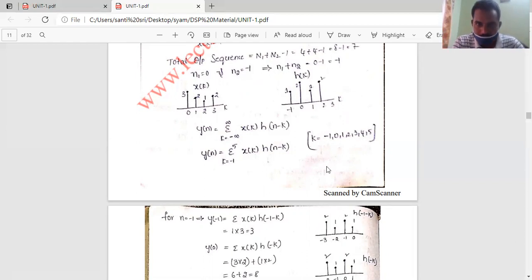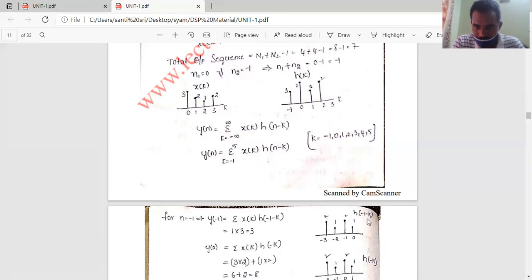So at minus 1 its value is 2. Similarly, minus 1 minus k equal to 1. If we take minus as common, minus of 1 plus k equal to 1. Like that, we will draw this graph.